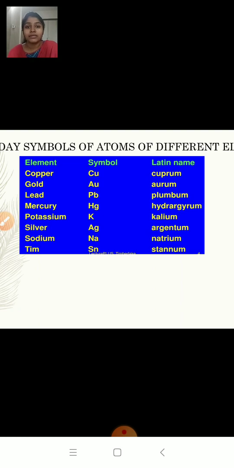Gold. The symbol is Au. The Latin name is aurum. Lead. Symbol is Pb. The Latin name is plumbum. So these are symbols of elements which are derived from Latin names.